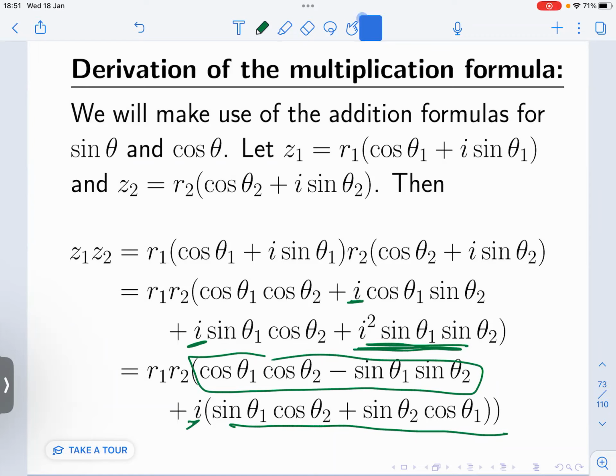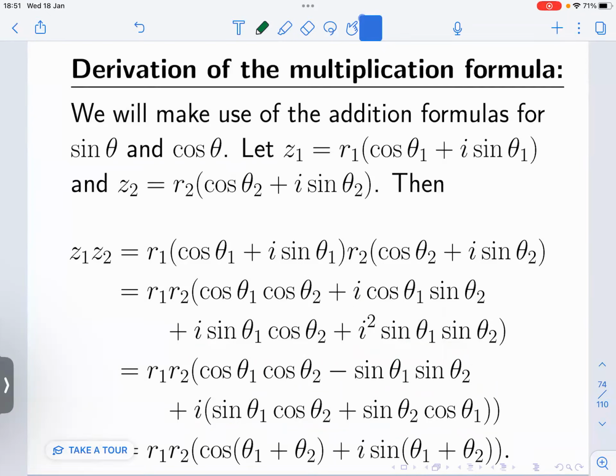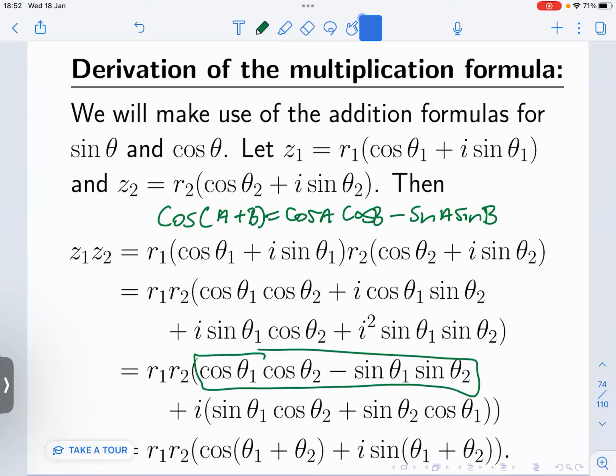And then if we recall some of the trig formulas, we'll remember that cos of A plus B is just cos A cos B minus sin A sin B. So for this part, we have cos theta 1 cos theta 2 minus sin theta 1 sin theta 2.